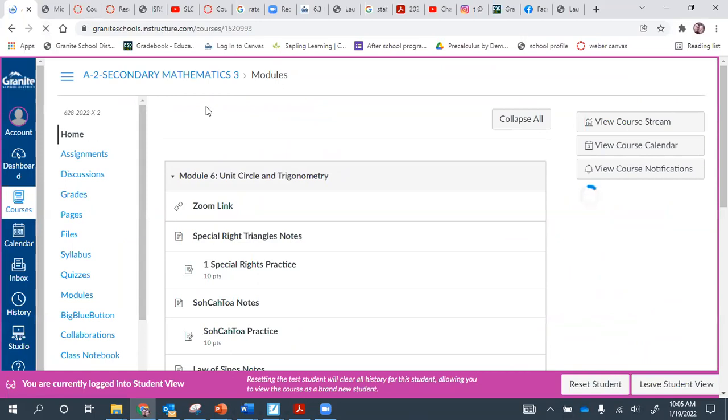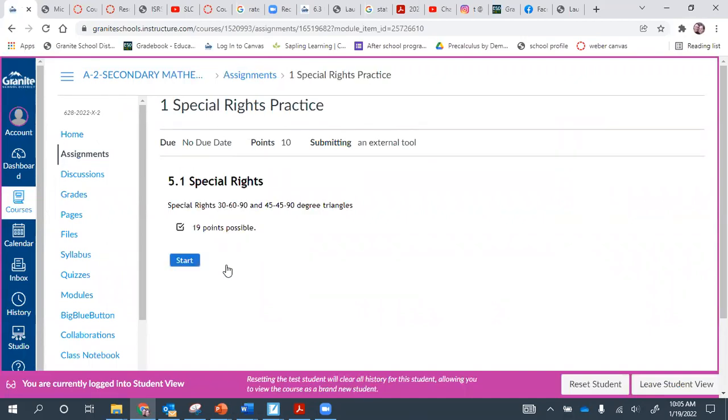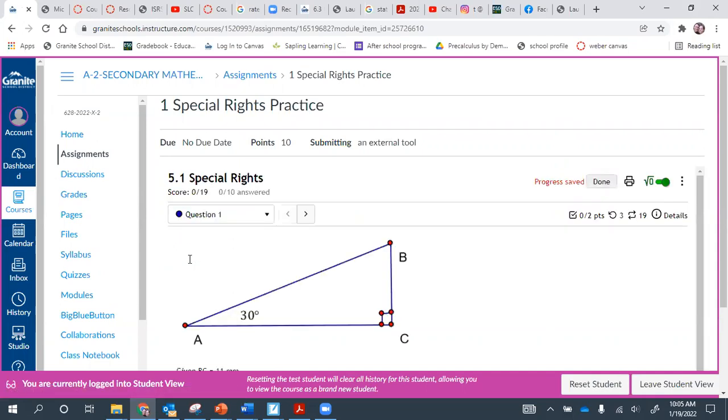You're going to go on here, and you see right here where it says special right practice. You're going to click on that, and this is going to be your practice, okay? I'm going to let you go after I show you how to do this, and class normally goes till 10:30, so you should spend the next 20 minutes or whatever working on this, because you could probably get it done, and then you're done for the next 2 days. That's cool. But here we go.